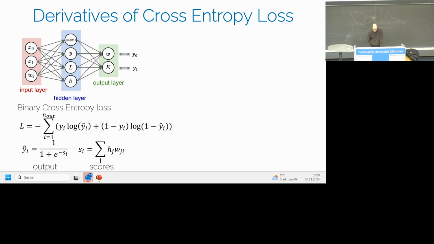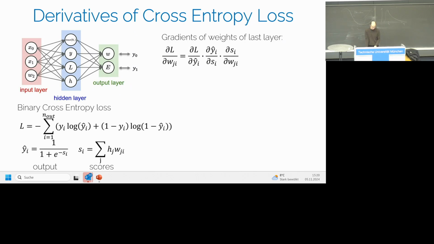But let's start with the binary cross-entropy loss, and then we have a sigmoidal nonlinearity here that allows us to predict a class label, and then we have these scores si. And it's the same idea that we can apply here, standard derivative rules, a number of terms cancel. In the end, it's fairly simple gradients that we'll get, you'll see.